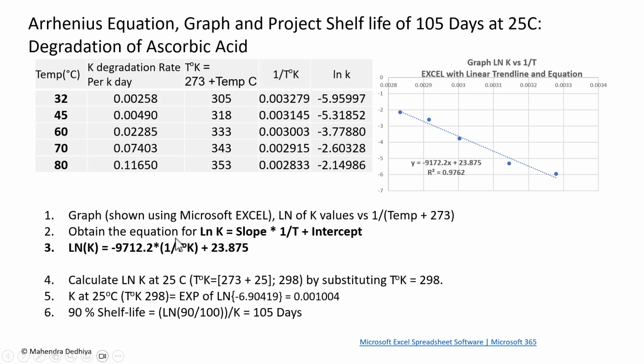Once we know that, we can plug in the value of T, in this case 25 degrees, substituting T as 298, and we get the value of K at 25 degrees C of 0.001004. So this is a shelf life projection based on 90% of the active being present during the shelf life. We can calculate shelf life as 105 days at room temperature. This kind of physicochemical characterization provides information about the quality of the product.